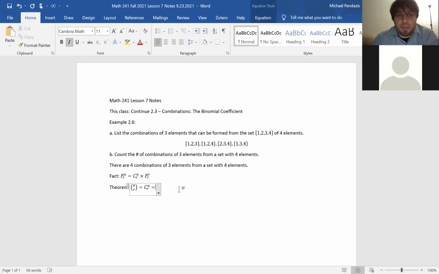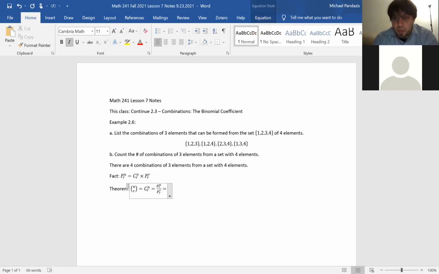That's this quantity divided by this quantity. I just solved for nCr in this equation, and I got nPr divided by rPr.